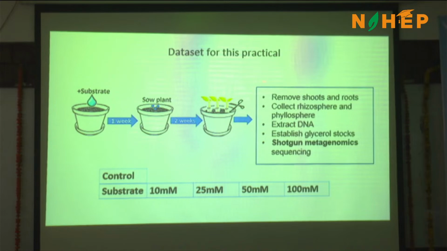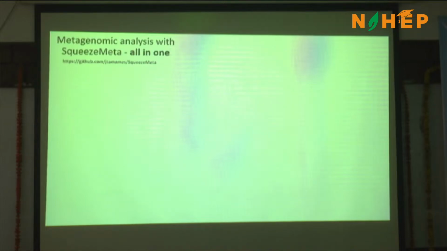I want to highlight this part, which might seem like a little detail, establish the glycerol stocks, but that step is the only one that will allow you to come back to your samples after the sequencing has been done. So it's always important to have a collection of your samples. Even if your initial plan is not to sequence again, you never know what can happen, so you should have that reserved.